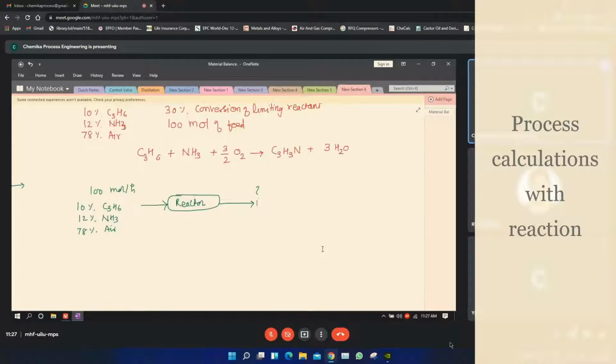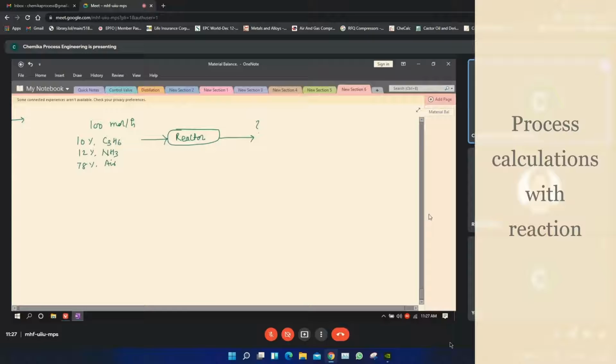So what we do, we first find out the limiting reactant. Our purpose is to find the limiting reactant first and then the excess percentage of all the reactants. So we have the reaction and we have the flow rate of individual species.